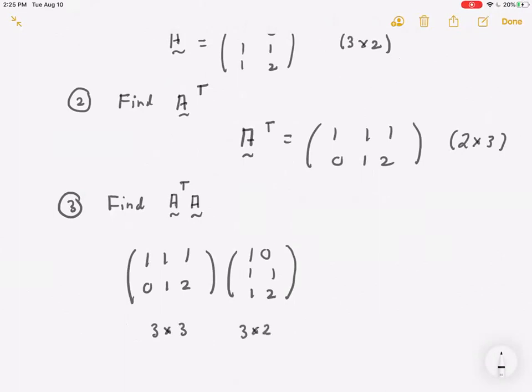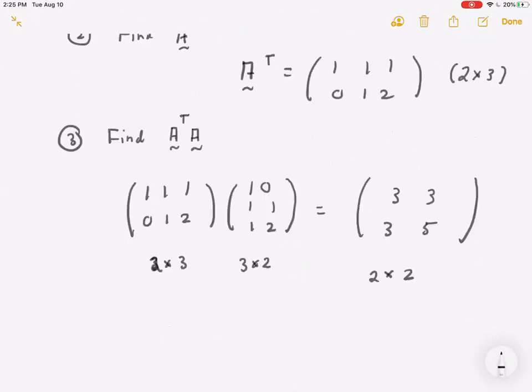So transpose of A is a 2 by 3 matrix, sorry. And A is a 3 by 2 matrix, so these two are compatible for matrix multiplication. So the result should be a square matrix of order 2. And you can verify that's what it is.